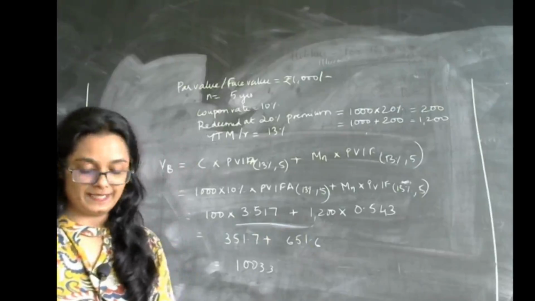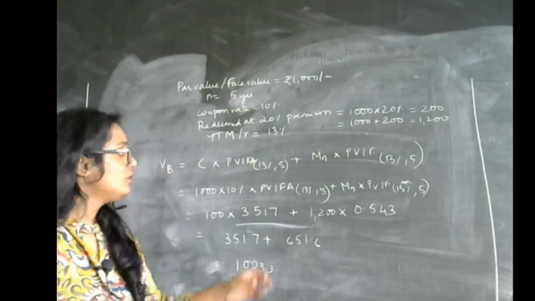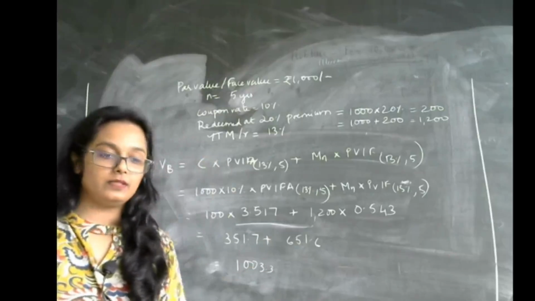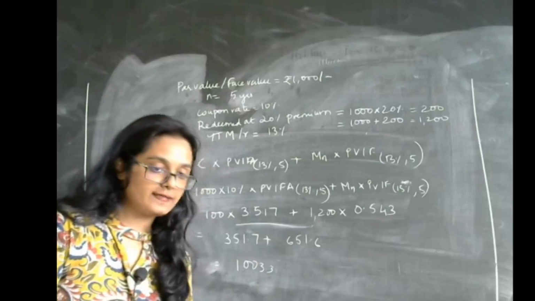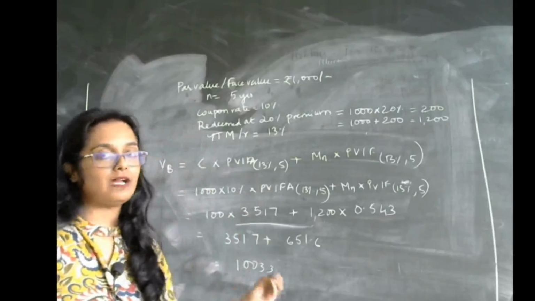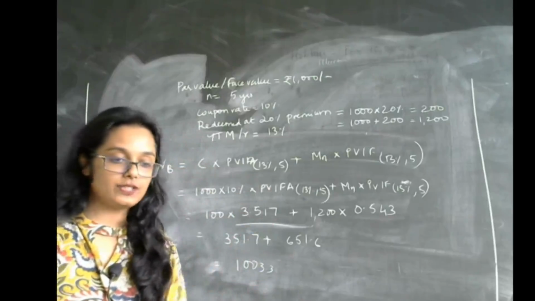What is the YTM? Now over here the same procedure it is. You are going to find out first the YTM, the future value is given, the present value is given, the coupon rate is given, everything is given. You are going to find the value of YTM, then you are going to find the value of bond. Let us solve this problem.